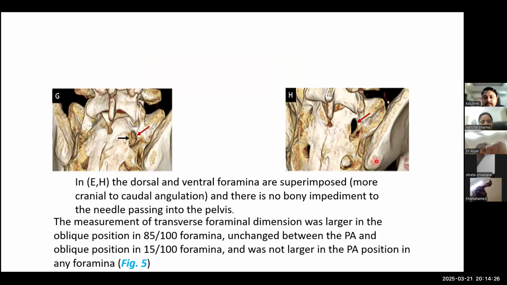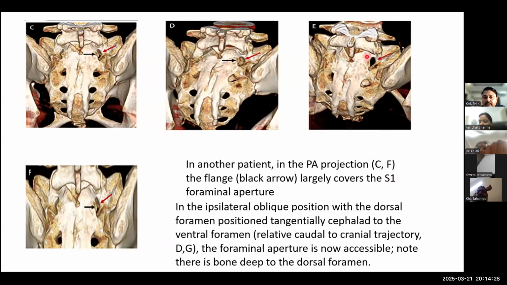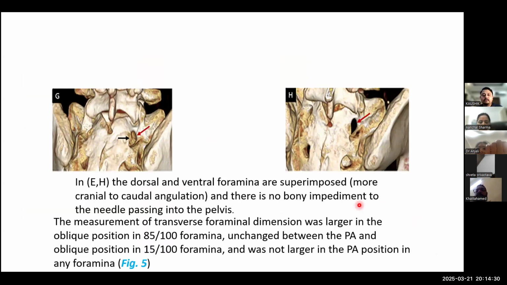This can be seen in this image and image E. From these images, the transverse foraminal dimension was larger in the oblique position in 85% of the studied specimens, unchanged between the PA and oblique position in 15% of cases, and in none of the cases was it larger in the PA position in any of the foramen.